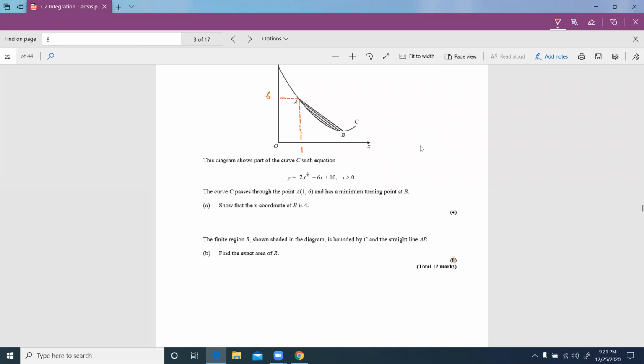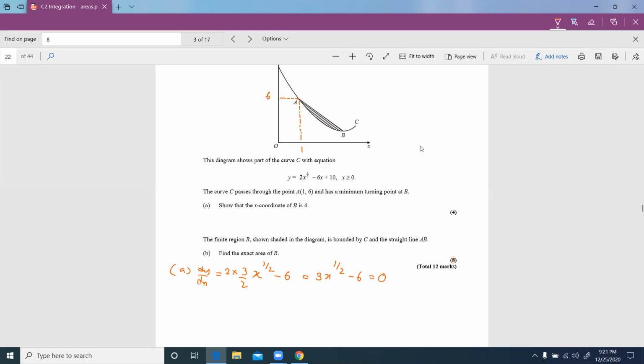Simply we can understand that at a minimum point, or whatever the turning point, dy by dx is equal to 0. That is the approach we always talk about. Differentiating, 3 times x to the power 3 over 2 minus 1 is 1 over 2, minus 6x differentiates to 6. So 3x to the power half minus 6 is equal to 0.